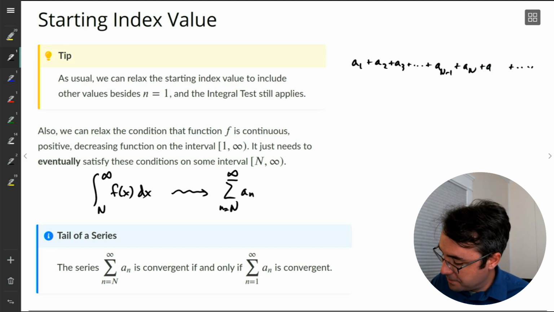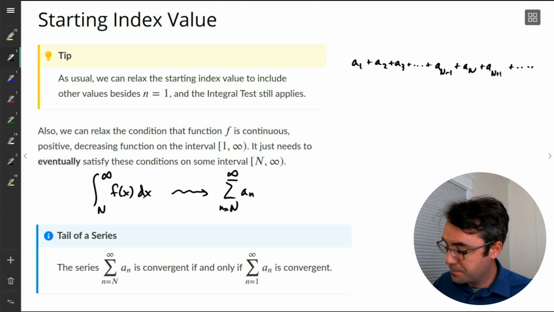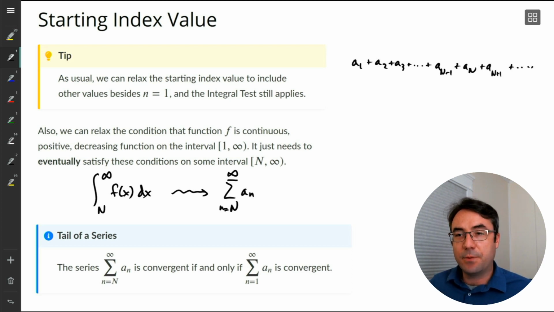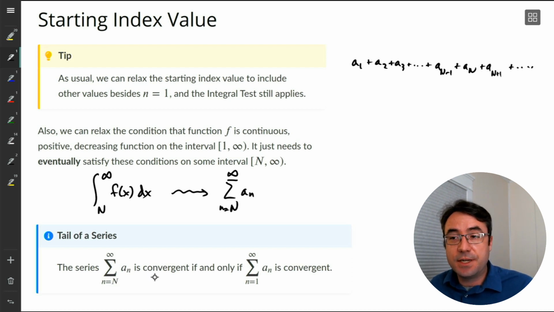What this tail of a series result is saying is that if we look at the series sigma a_n where we start with index capital N, that series is convergent if and only if the entire series starting with index 1 is convergent.